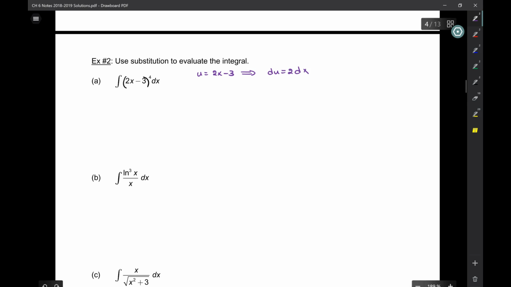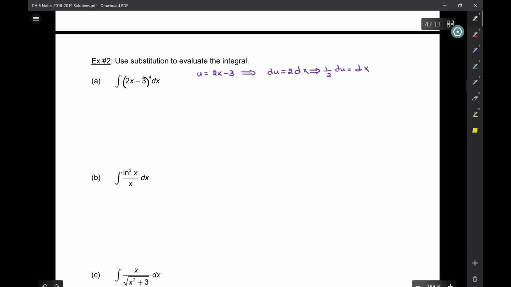Here I have u to the 4, and then remaining, all I have is dx. So I need to make this look like dx equals something else, right? So that's going to be half du equals dx. Okay, are we okay with why we did that?